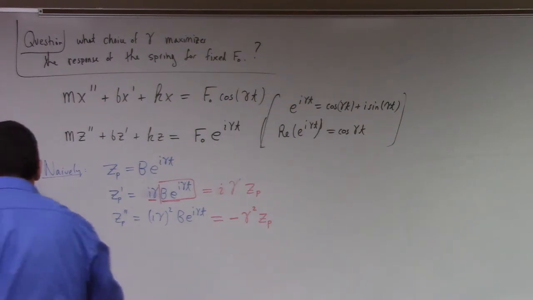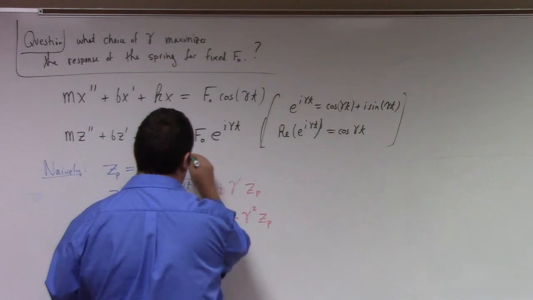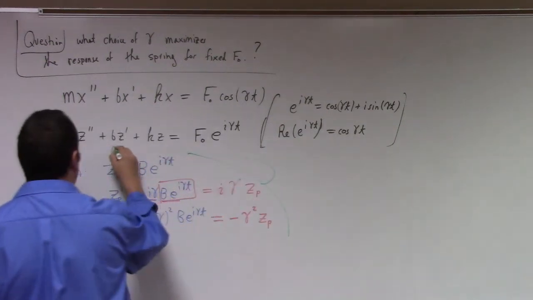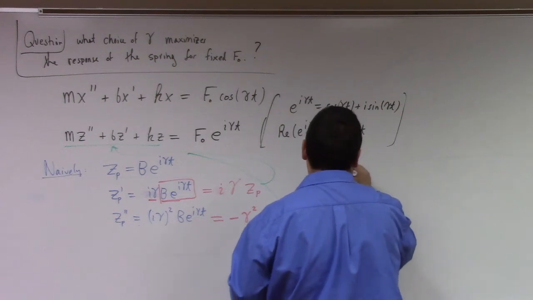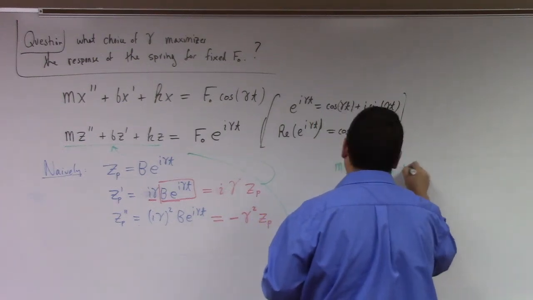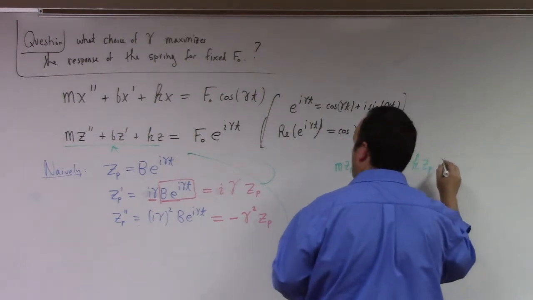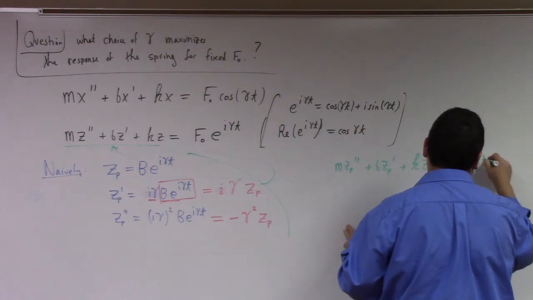Pretty neat. I can now plug those into the differential equation. Take these, plug them up in here. So I'm looking at m z_p double prime plus b z_p prime plus k z_p equals F naught e to the i gamma t.